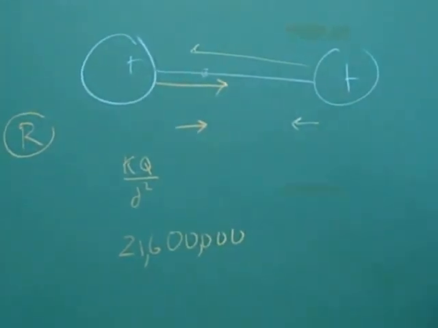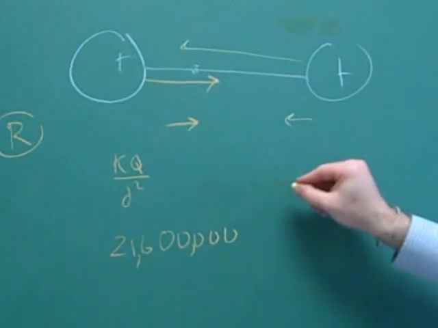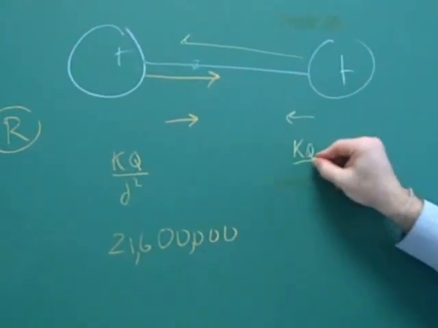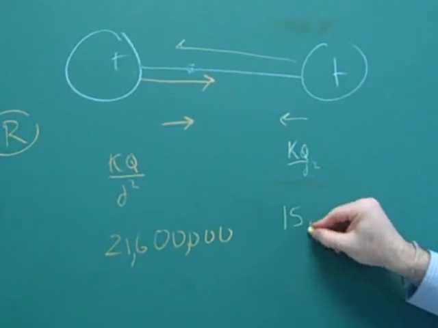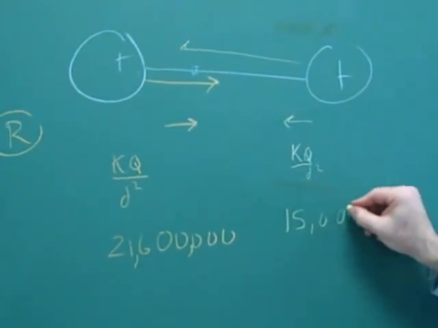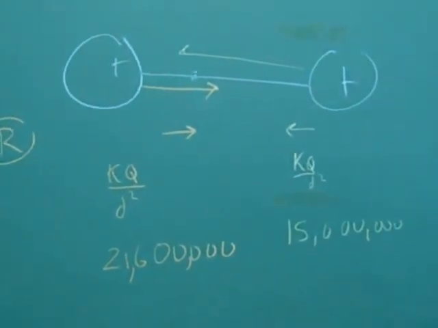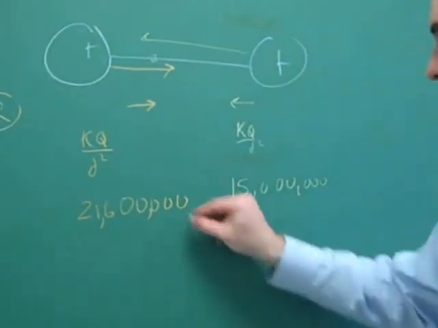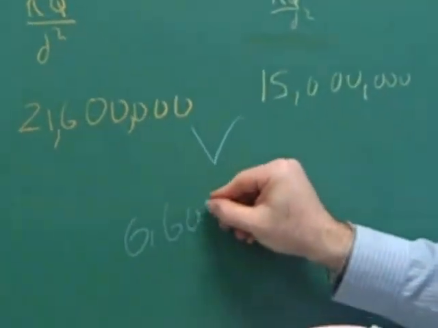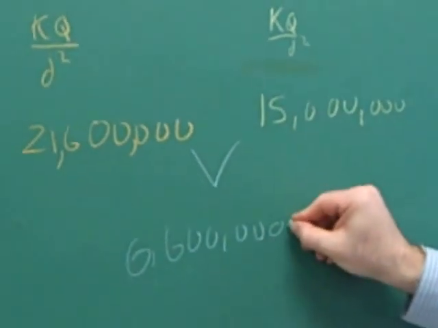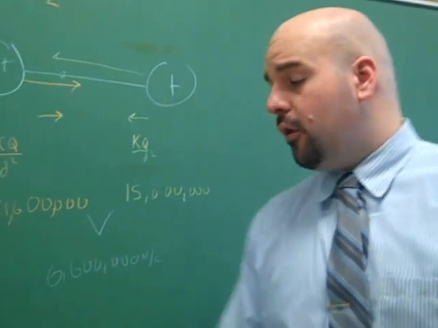I'm going to find that the left one is going to be 15 million with all the zeros. Now, do we add or subtract them? You got it. We're going to subtract them because they're in opposite ways. When you combine these two, you will get 6,600,000 newtons per coulomb. And which way will it be? You got it. Right.